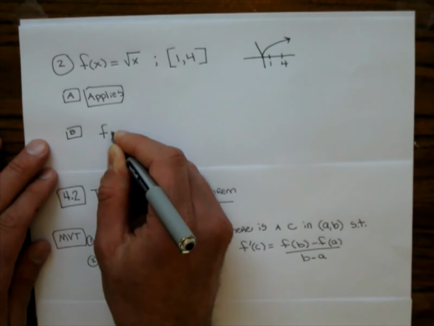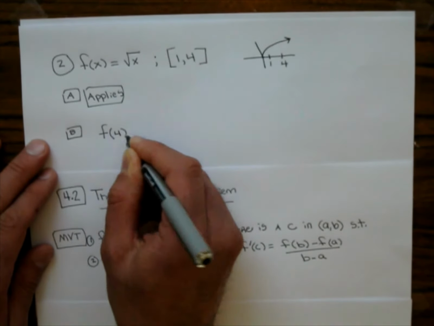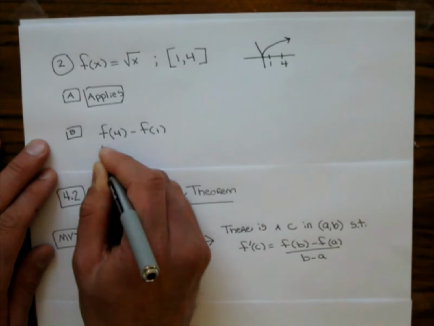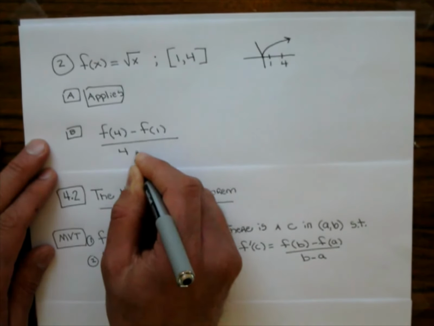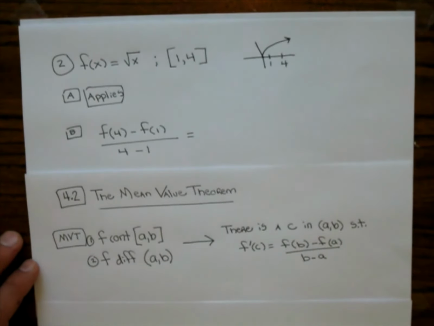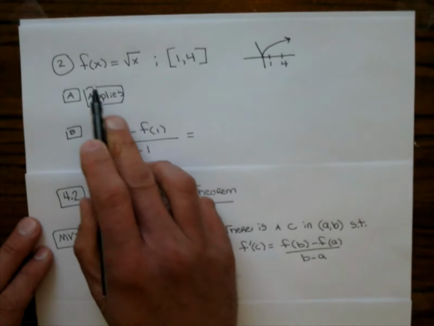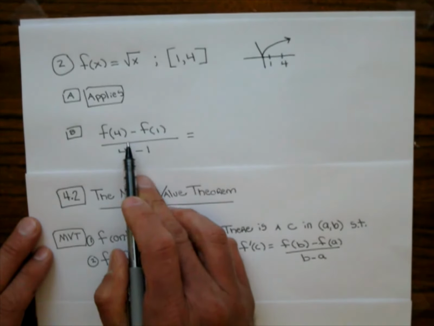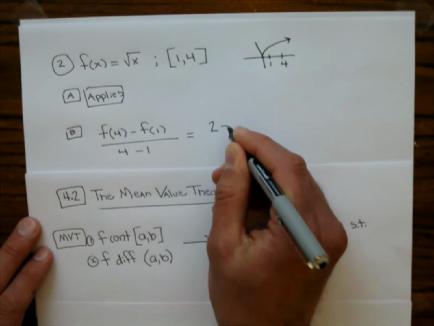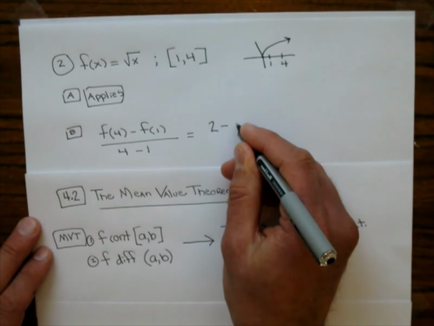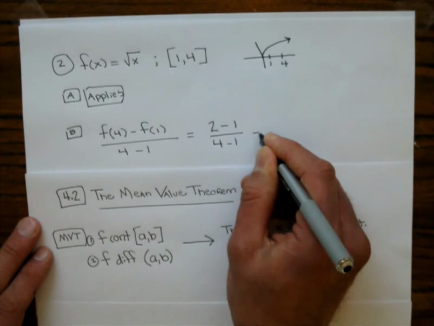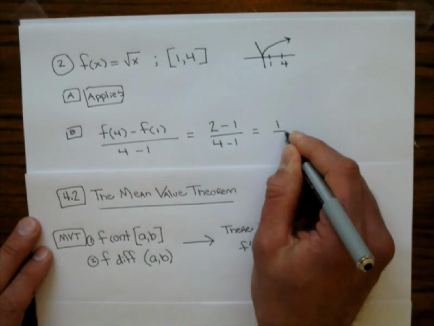So this is f of 4 minus f of 1 all over 4 minus 1. f of 4 happens to be, I picked nice numbers for this one, the square root of 4 is 2. f of 1 is 1. 4 minus 1. So this is going to give me 1/3.